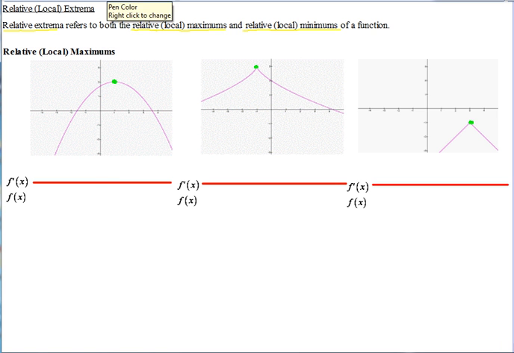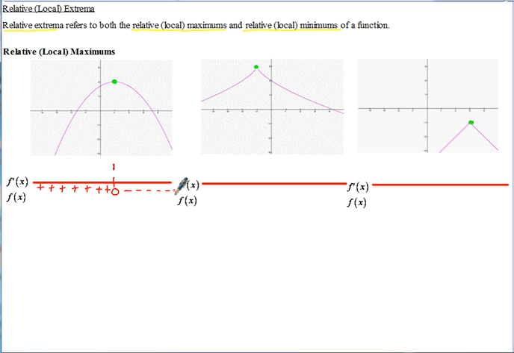Here, up until x equals 1, if we think of a tangent line along here, these would all have positive slopes, so the first derivative, f prime, would be positive. Right at 1, the tangent line would be horizontal, so the derivative would be 0. Remember, the derivative represents the slope of the tangent line. Afterwards, all the tangent lines would have a negative slope, so the first derivative would be negative.